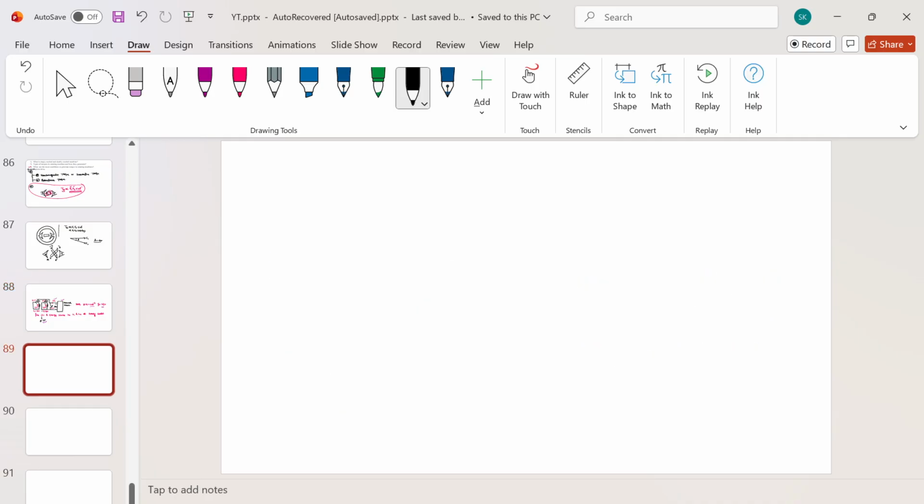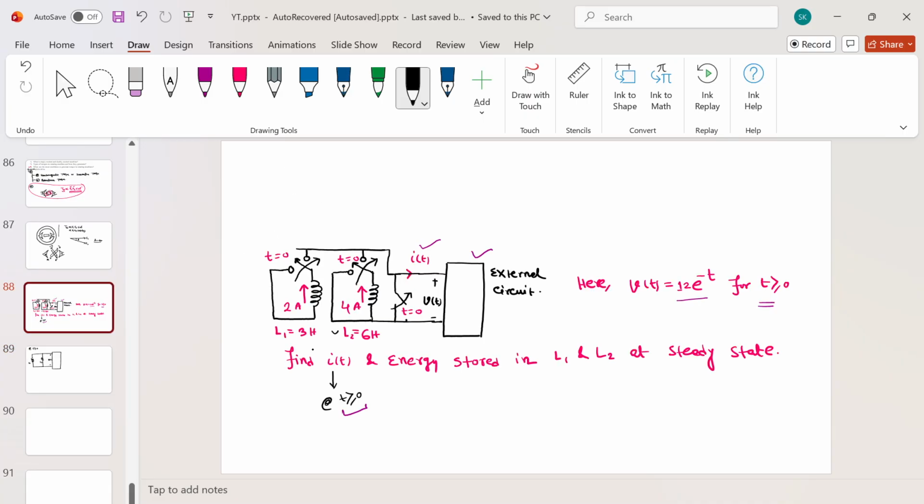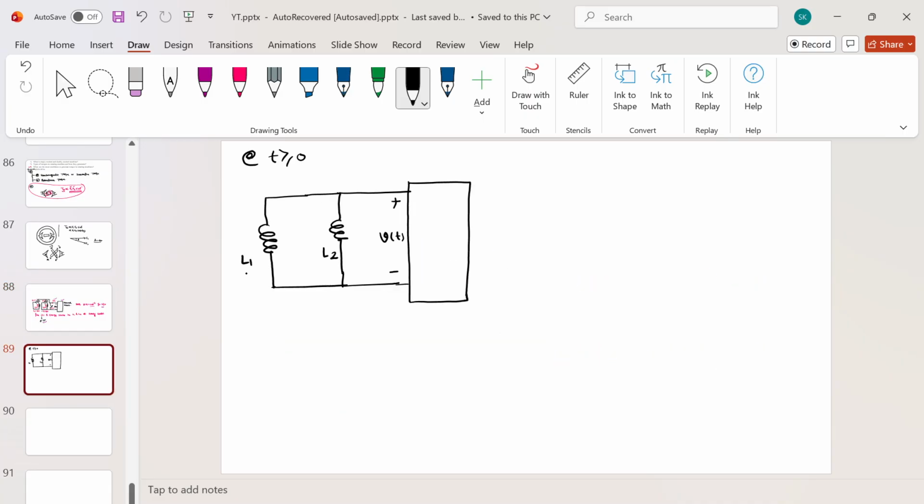So now I will draw the equivalent circuit for t greater than or equal to 0. At t greater than or equal to 0, both the inductors will come in parallel. Okay, so you can cross check from the question, and it will be parallel to the external circuit, and you have given a voltage here v of t, 12 e to the power minus t. So this is your L1, this is your L2, and L1 is 3 Henry and L2 is 6 Henry.